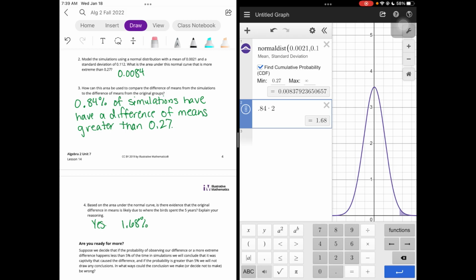And so that is a very small percentage, and so it's unlikely that the difference is due to the way that they were grouped.